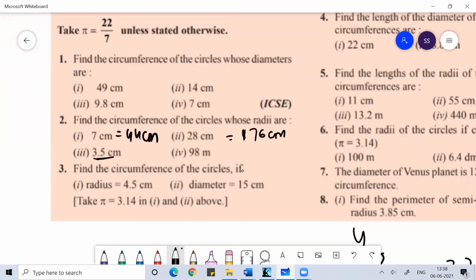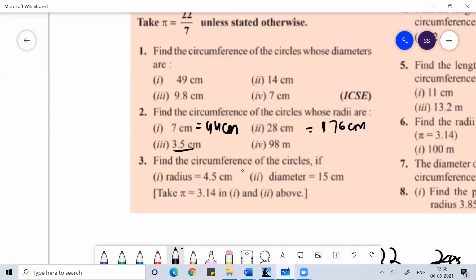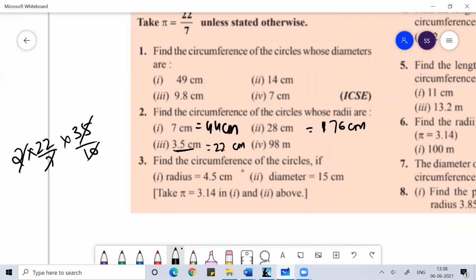Third one, 22 centimeter. Yes, sir. Fourth one, 2 into 22 by 7 into 98.